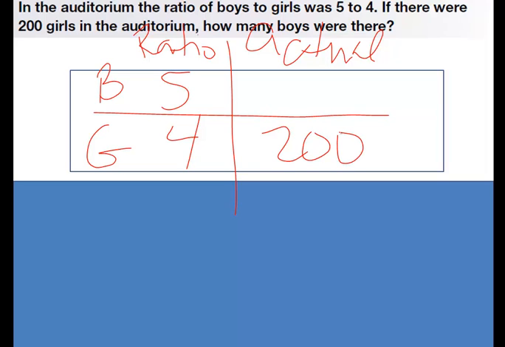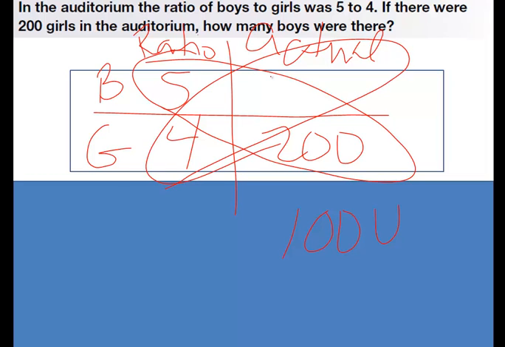Well, I use proportions. I cross multiply. So I've got 5 times 200 equals 1,000, and I got 4 times, let's say, x. So I got 4x equals 1,000. I have to divide by 4 again because I want to get x all by itself, because that creates a 1x, which is x. So x equals 250.